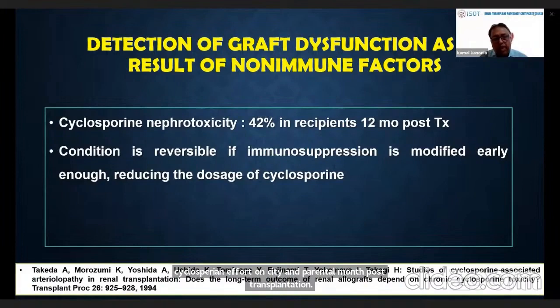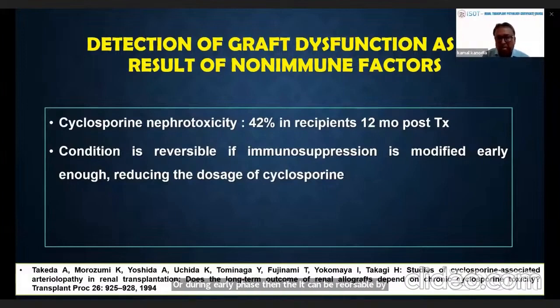The important thing is that cyclosporine toxicity, the CNI toxicity, can be of acute onset or chronic changes. If we detect the CNI toxicity at an early stage, then it can be reversible by adjusting or modifying the immunosuppression dose.